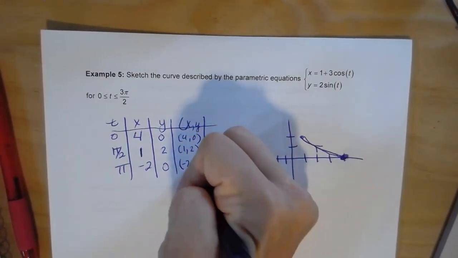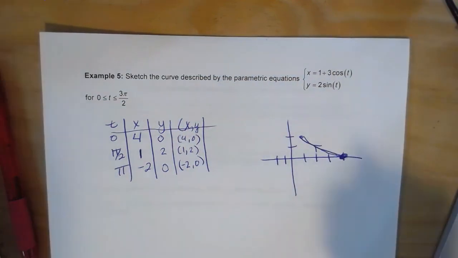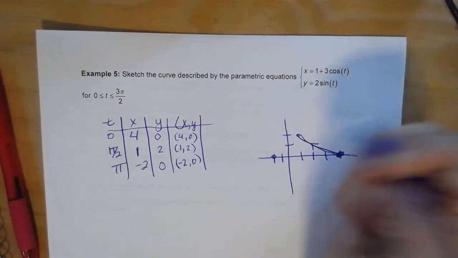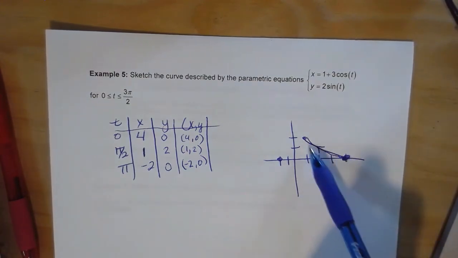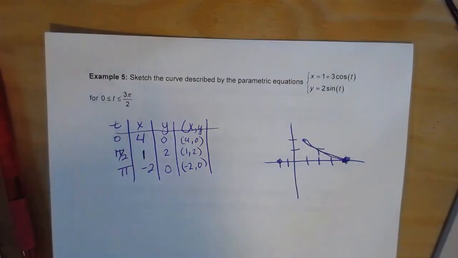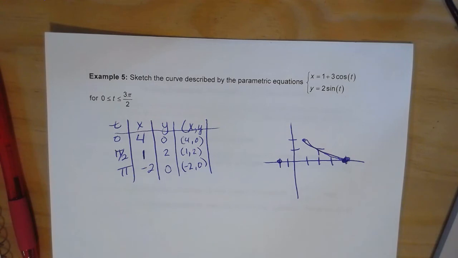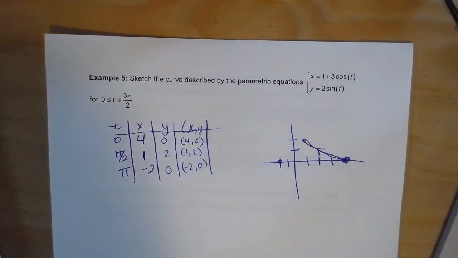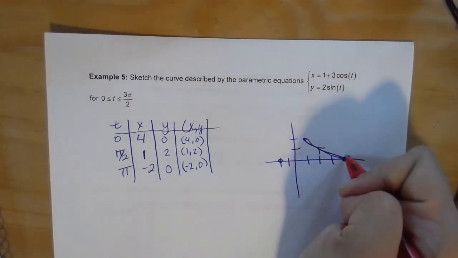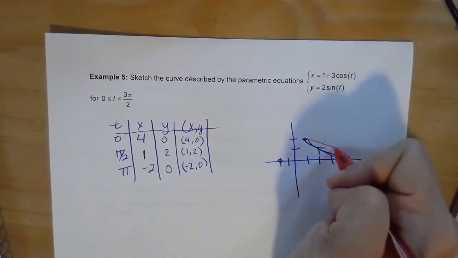So I get -2, 0, correct? But if we look and we plug this point, we get -2, 0 over there. I shouldn't be having this like sharp turn right here like I did before when we were dealing with the cubic and the parabola, but these should be nice curves. So I actually think that I curved this the wrong way. I think we're supposed to go up here and around.